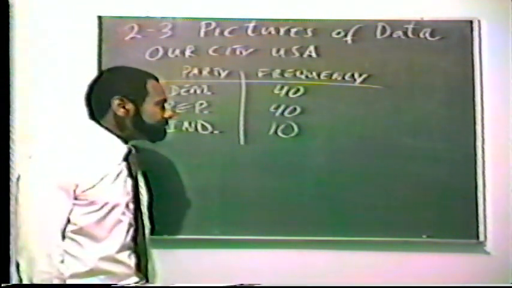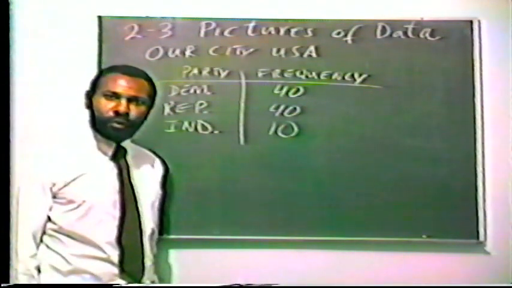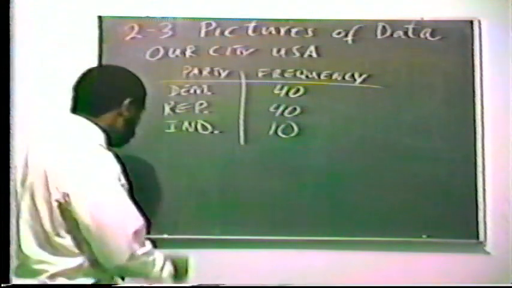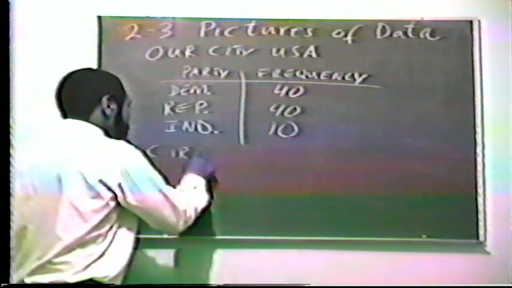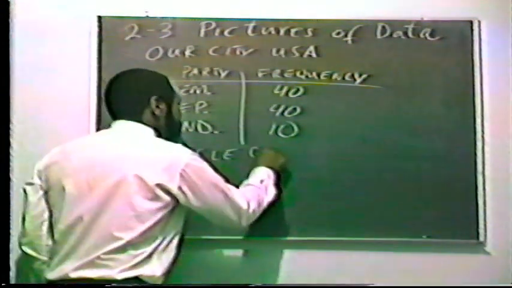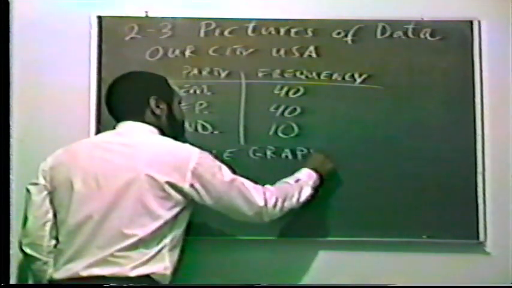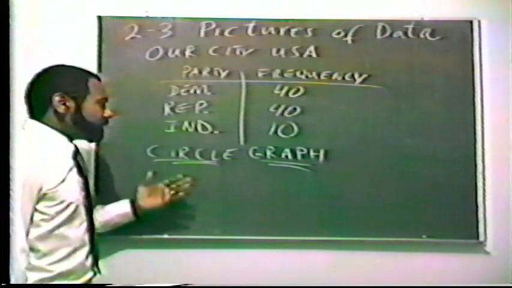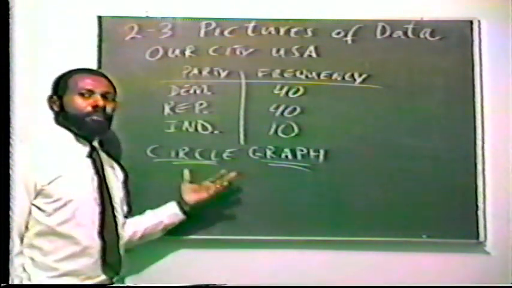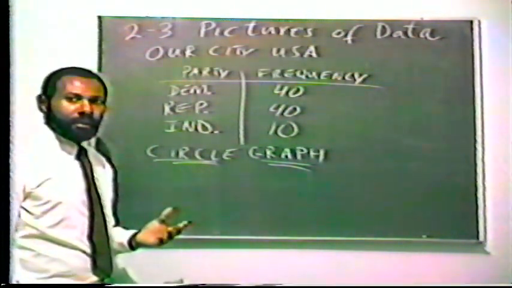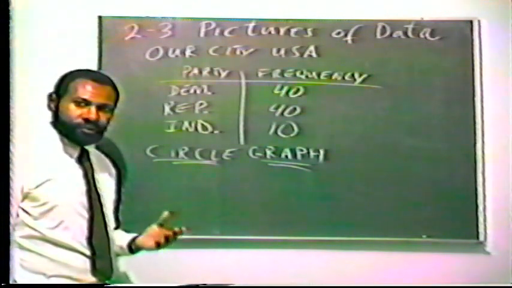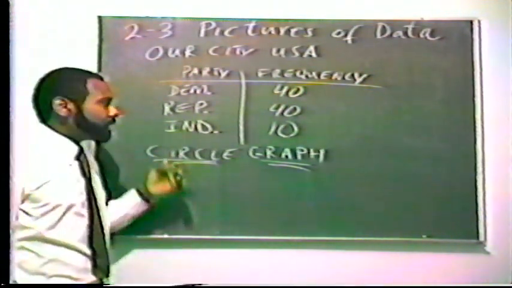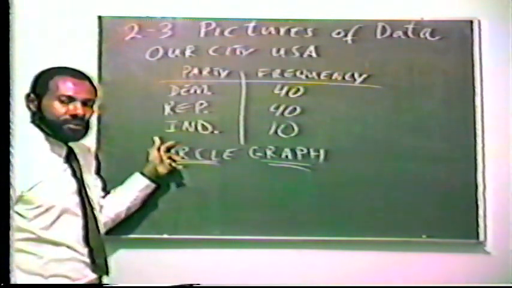Now, the first type of picture we're going to look at is what we call a circle graph. To make a circle graph from a frequency table, you first have to determine the relative frequency of your different categories.